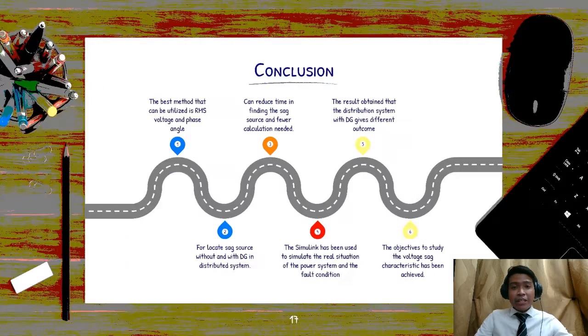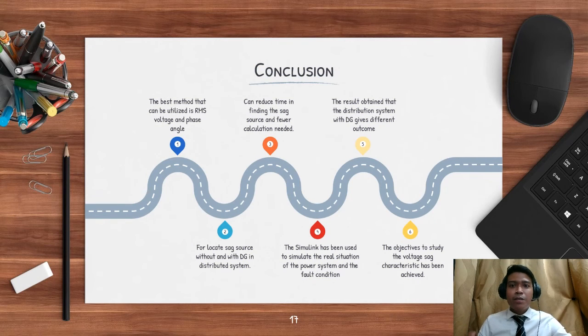Okay, in conclusion, the best method that can be utilized is RMS voltage evaluation and the phase angle to locate the sag source without and with DG in the distribution system. This technique is considered the best as it can reduce the time in finding the sag source and needs fewer calculations.